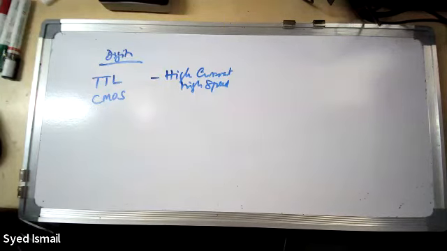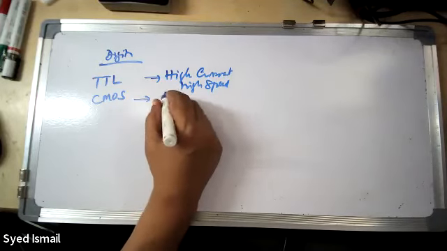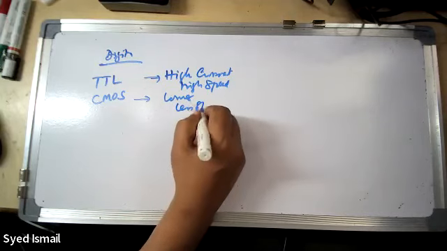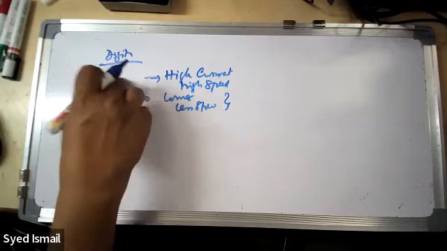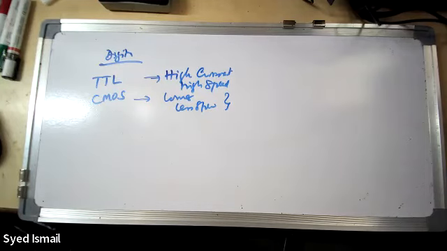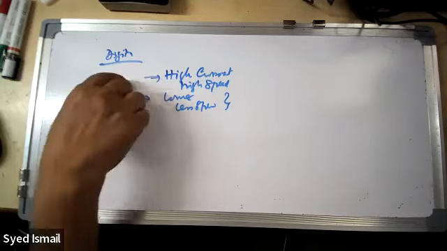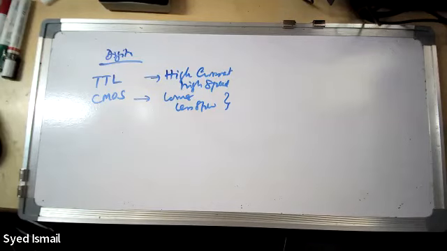CMOS is low power and it was less speed before, even now relatively, but this is quite high speed, so you don't require TTL now because current consumption is very high. They are used for driving long distance lines, LED lights. If you want to have that, TTL is used directly. And they were very popular before when you needed TTL.